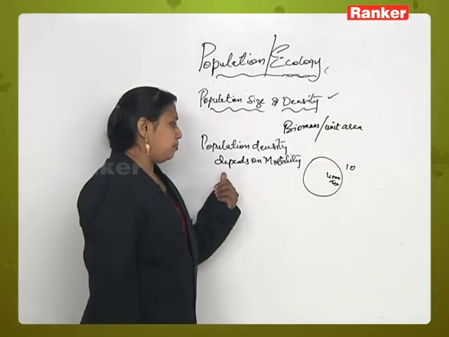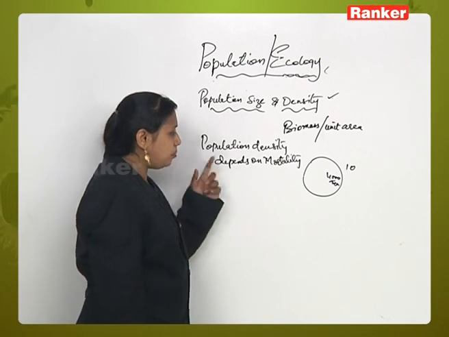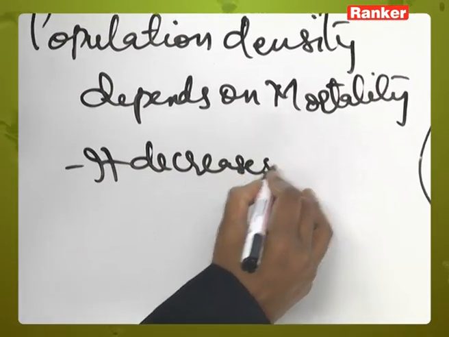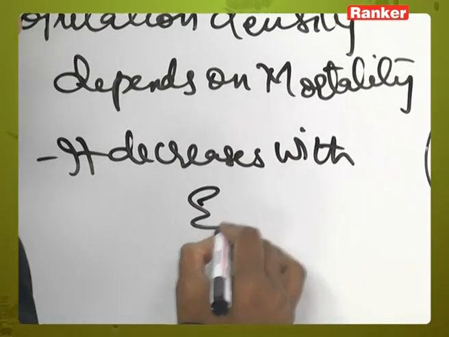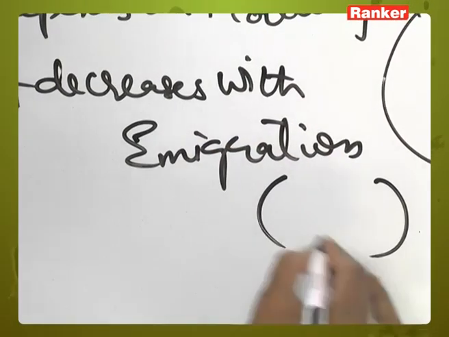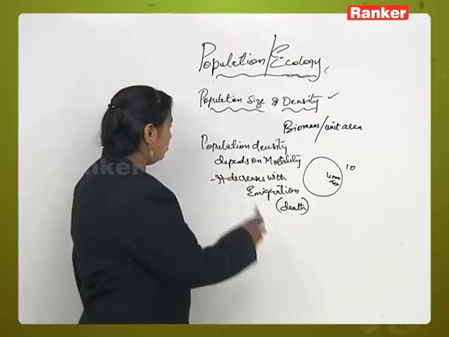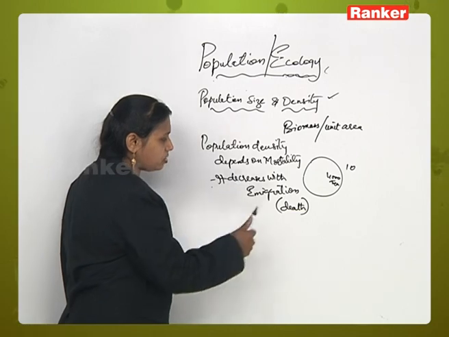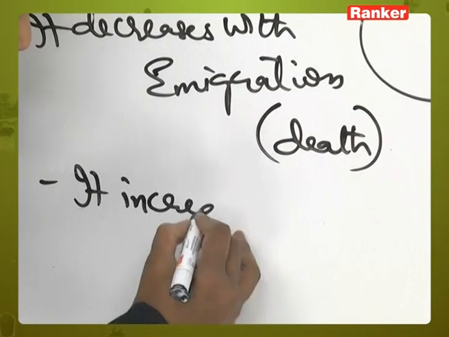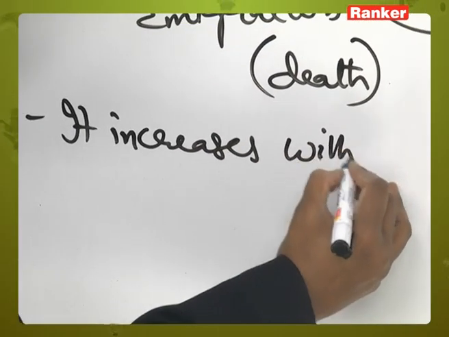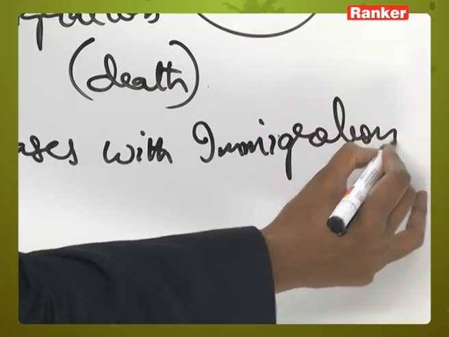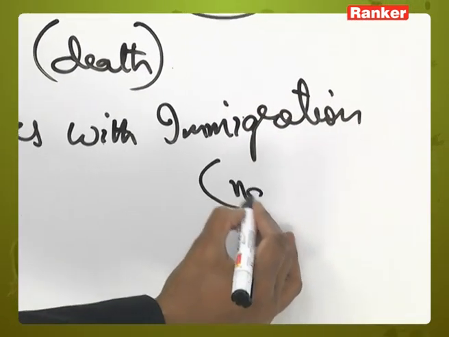The population density decreases with the process called emigration. It is nothing but because of the death of organisms. The population density decreases with emigration, and it increases with immigration or natality or birth rate.